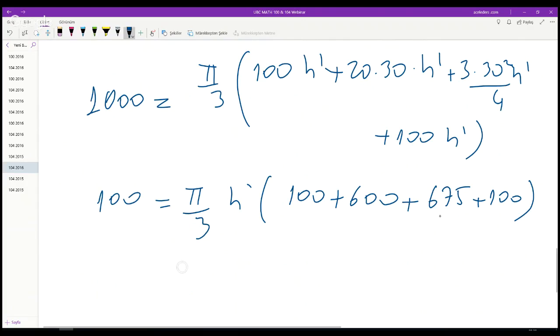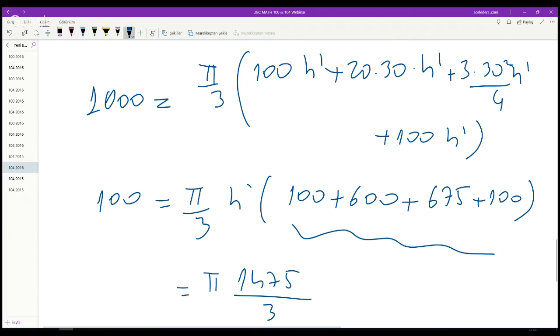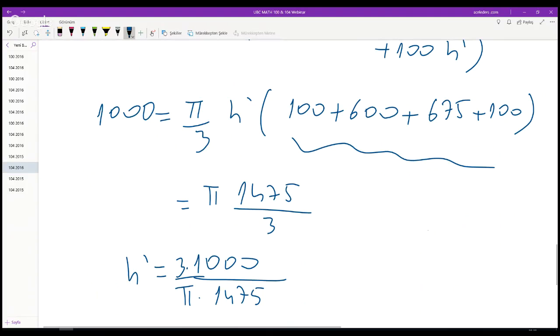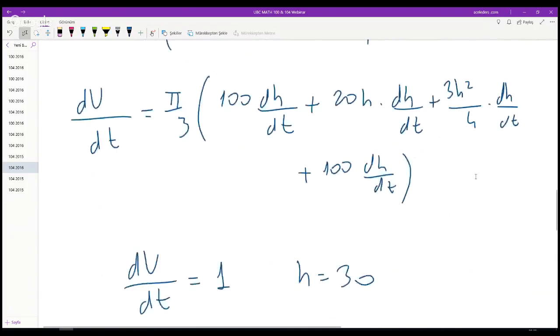So which makes, here, let's calculate, 1,475 over 3 times p, and therefore it is 1,000. H prime is 1,000 over 1,475, and here multiply by 3 and divide by p. Okay, that's it. So this is the way how you solve the question.